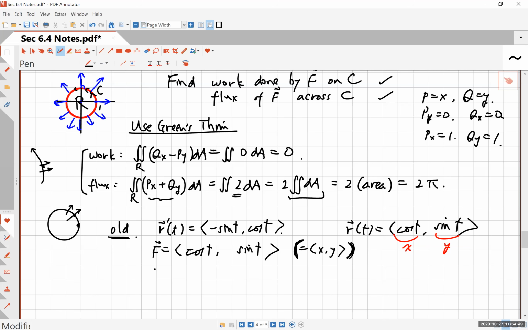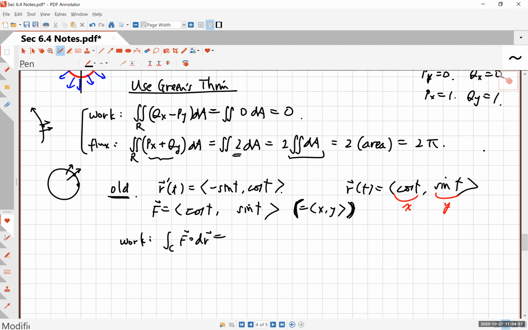And so the work integral, remember, this is F dr. Now remember, this is if you didn't use Green's theorem. You remember what this is? It's F dot r prime dt going from 0 to 2 pi.